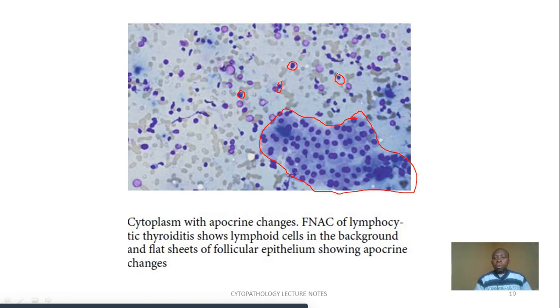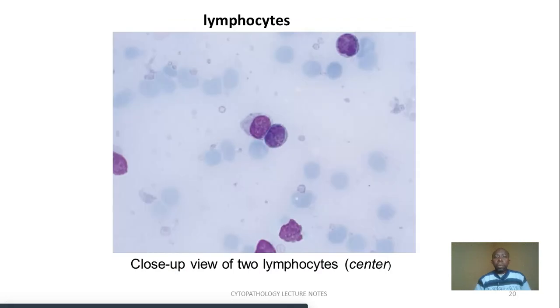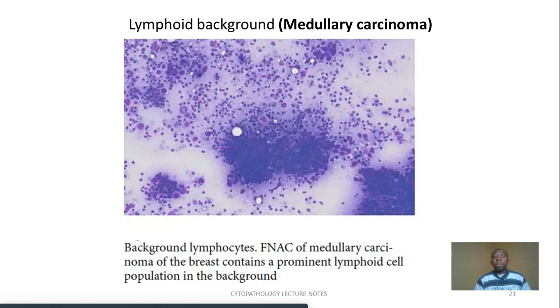So this is also a typical example of how a lymphoid background appears, and this could help you make your judgments well. We have another image here with a close-up view of two lymphocytes in the center, and typically this is how lymphocytes will appear. It's good to appreciate their shape and morphology so that you make conclusions about the background.